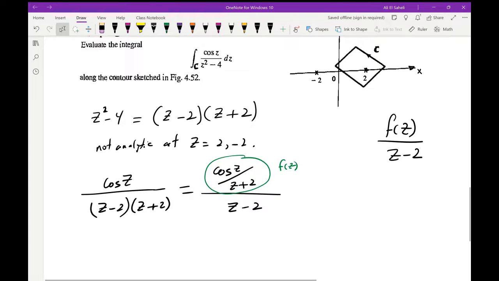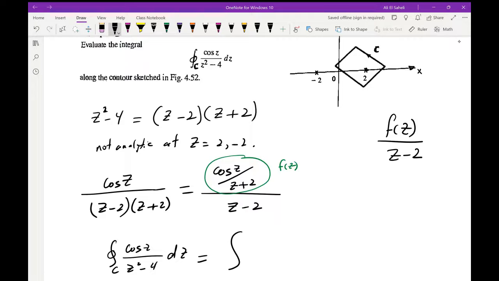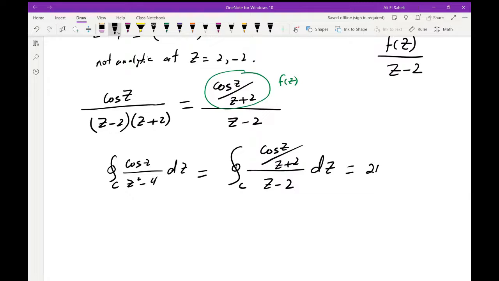And the integral becomes the integral of cosine z over z squared minus 4 over the closed contour dz, equal to the integral over the closed contour of cosine z over z plus 2, over z minus 2, dz, and this is equal to 2 pi i f of 2.